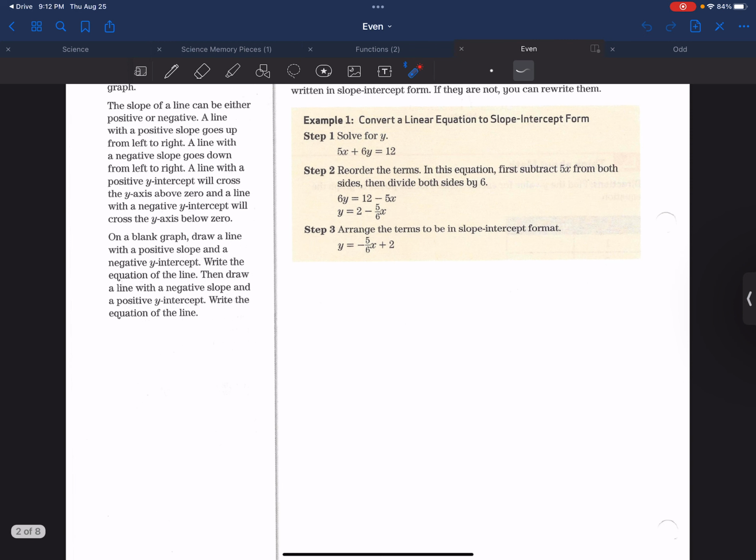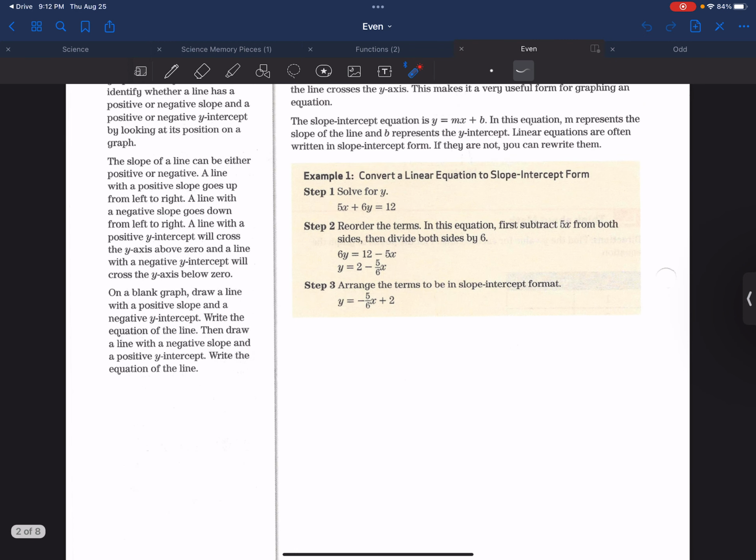I'm on page 168. I'm looking at example 1. And it says to convert a linear equation to slope-intercept form. Now, I'm going to skip over their explanation. It's great, but we already know how to do this. The equation we're working with is 5x plus 6y equals 12.